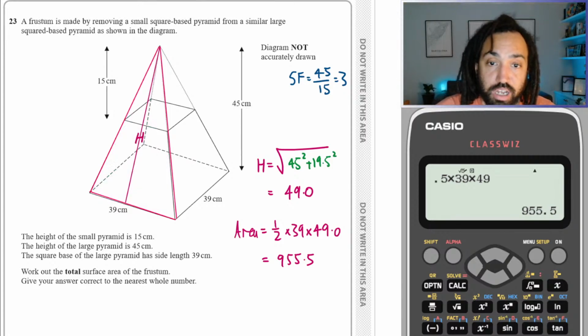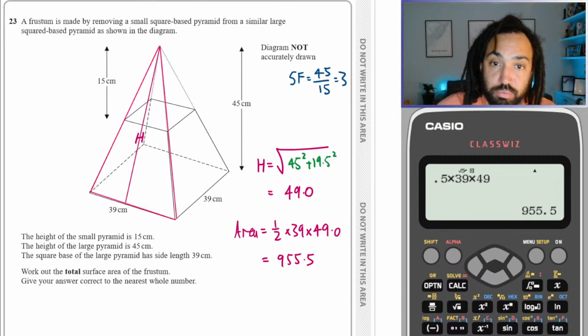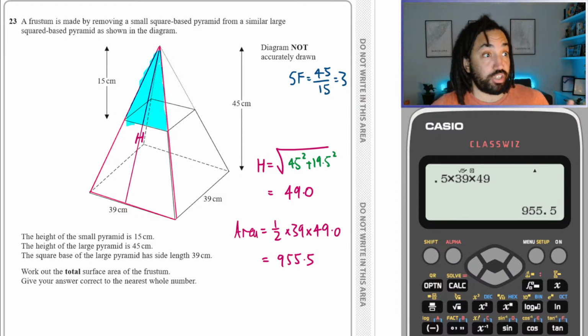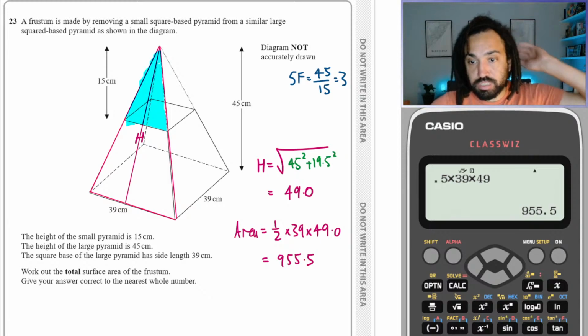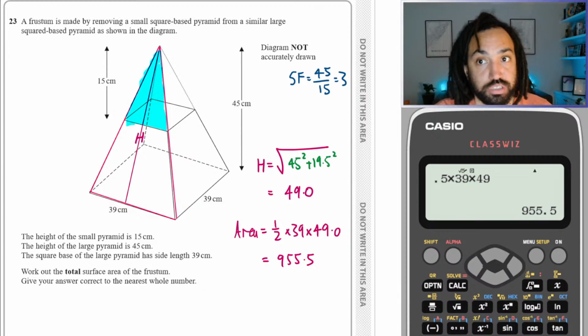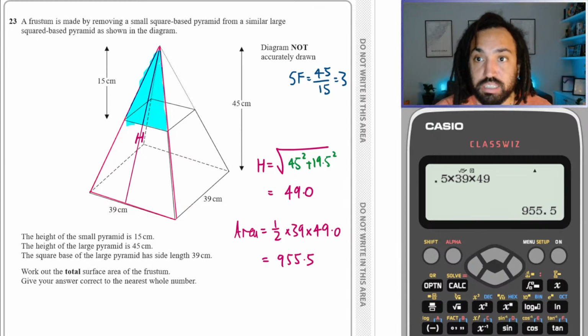Okay, so now I need to work out the area which is actually chopped off, the area of the smaller shape. There's 2 ways I can do it, and I think the most efficient way is by using the scale factor.